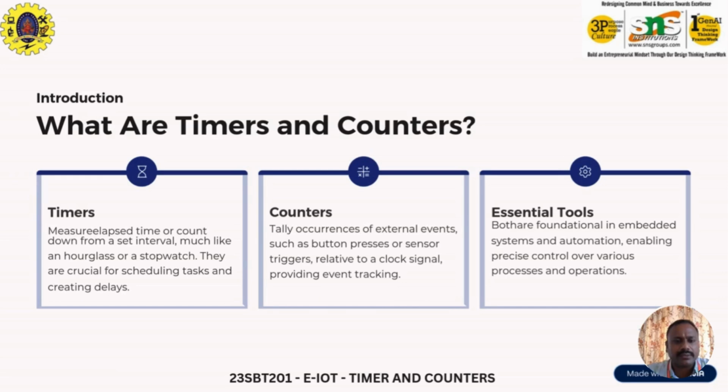From this, the timer will match the clock pulse and synchronize the signal between the analog signal and the machine signal. Timers measure elapsed time or countdown from a set interval, much like an hourglass or a stopwatch. They are crucial for scheduling tasks and creating delays.